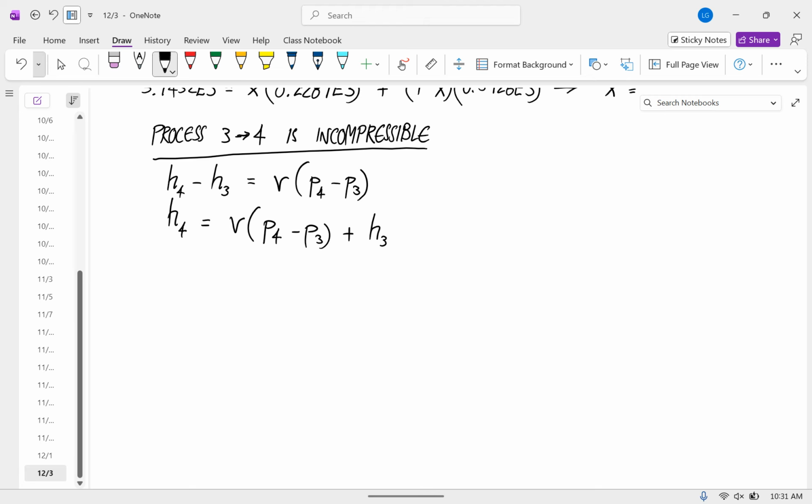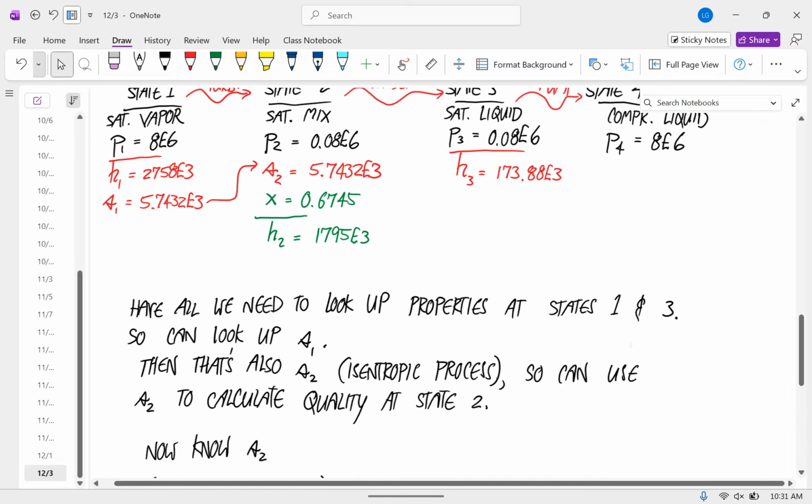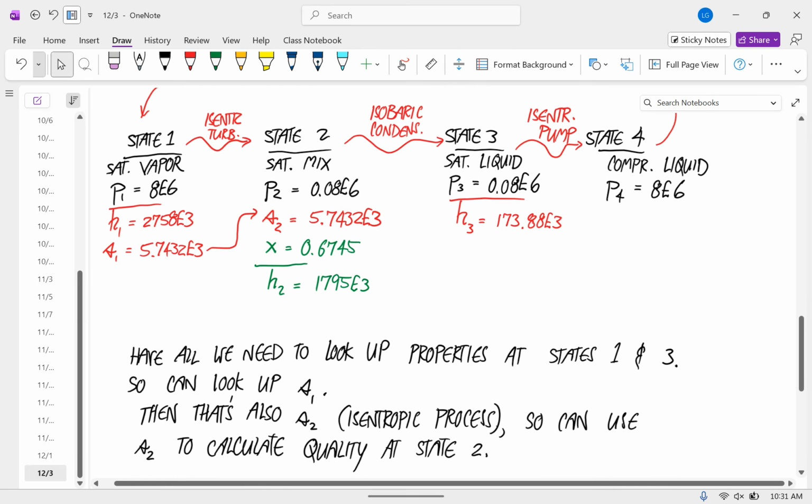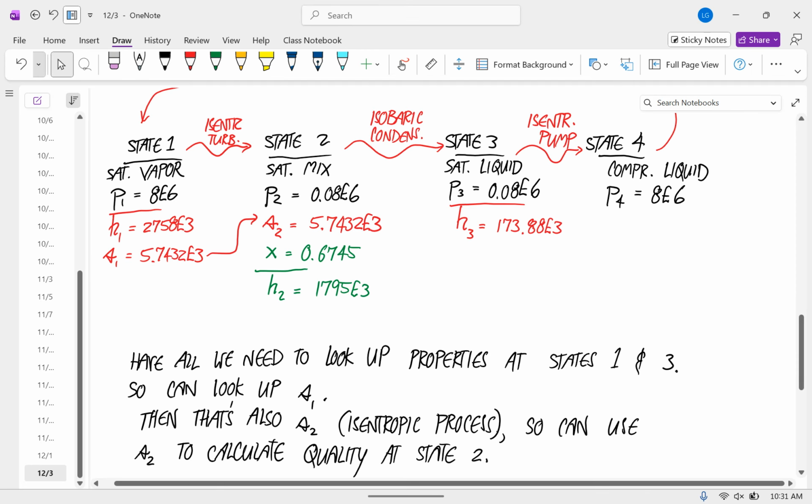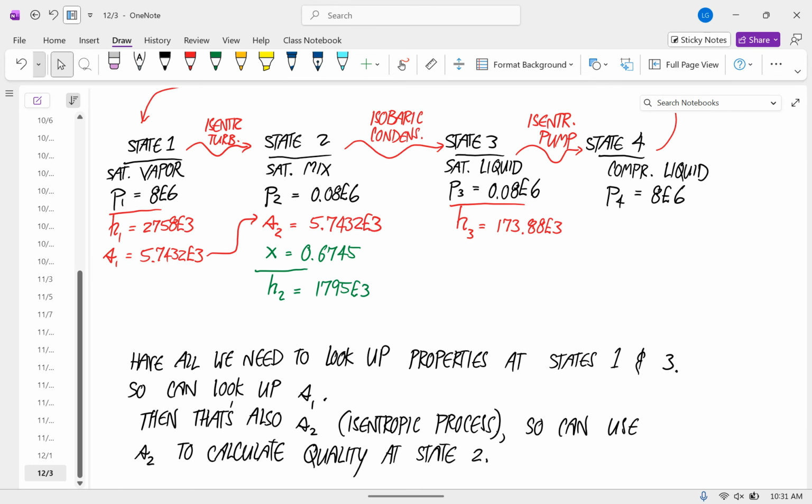If you want to be a little more accurate about it, how would you come up with a more accurate calculation for the specific volume? Was it PV equals RT? Nope, that's ideal gas.